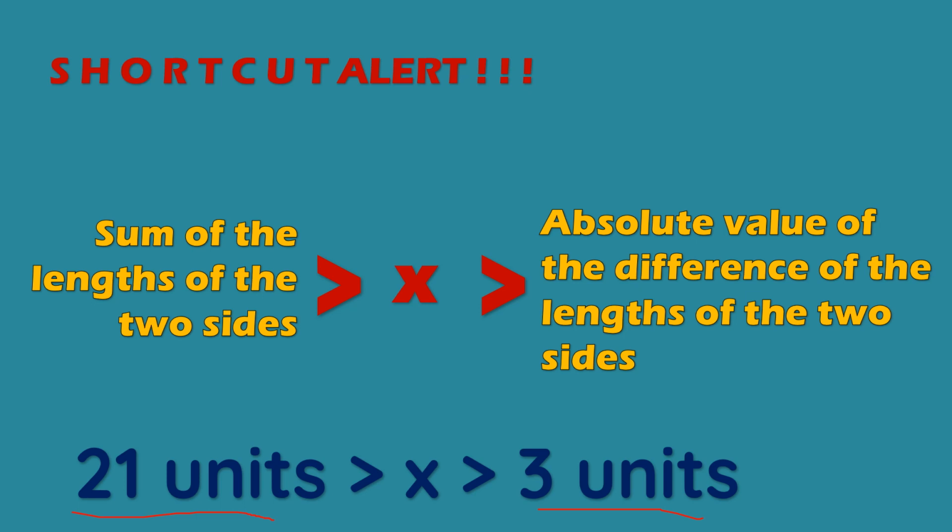This only means that the length of the third side must be between 3 and 21, but 3 and 21 must not be included; the only included are the numbers in between 3 and 21.